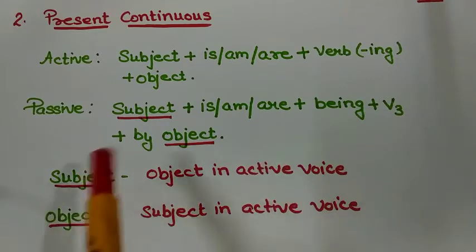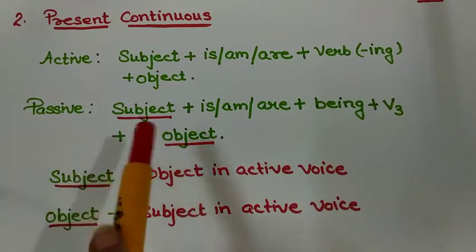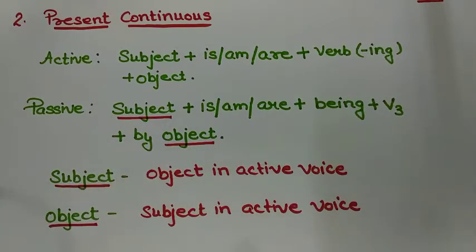Okay. See, I have underlined the subject and object here with the red color. The subject with the red underline is the object in active voice. If you have seen other videos, you must know why I am talking about this. The subject with the red underline is the object in active voice, and the object with the red underline is the subject in active voice.